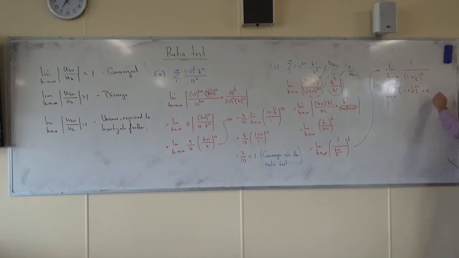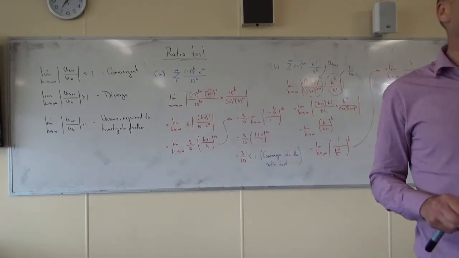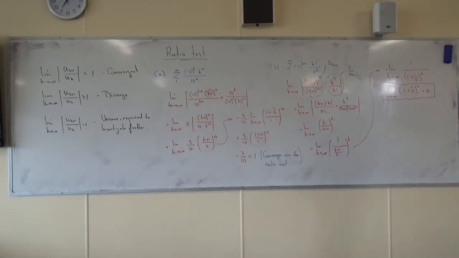Infinitely small increases done an infinite amount of times produces the multiplier e. So if we take the limit, it becomes 1 on e. Is 1 on e less than 1? Certainly is, therefore we have a convergent series.